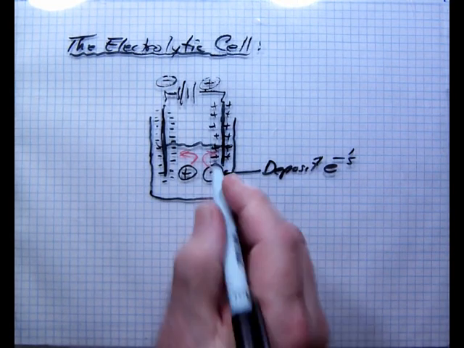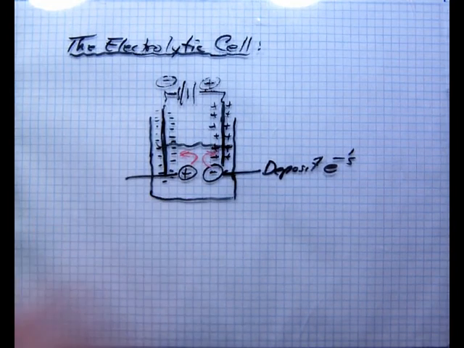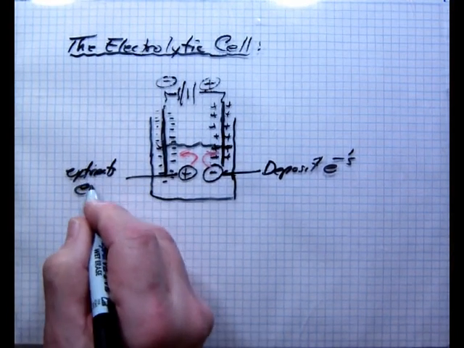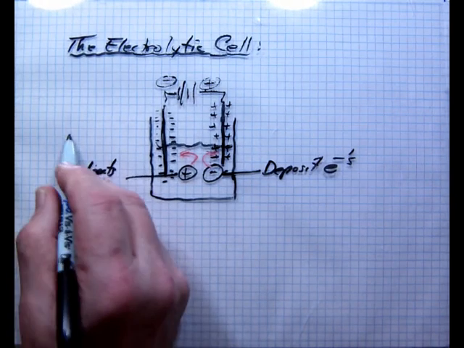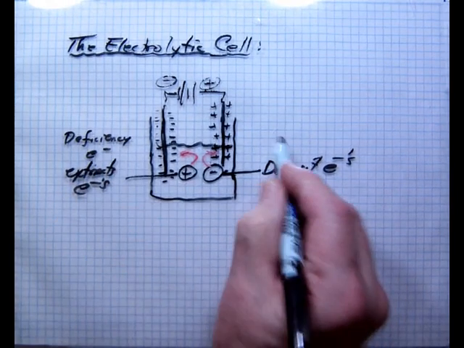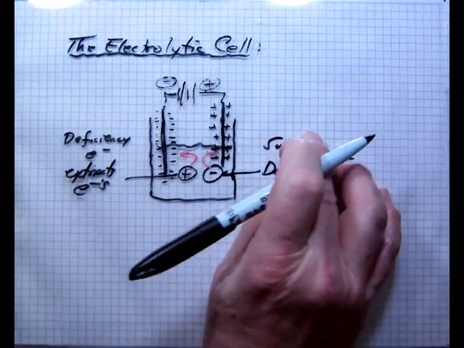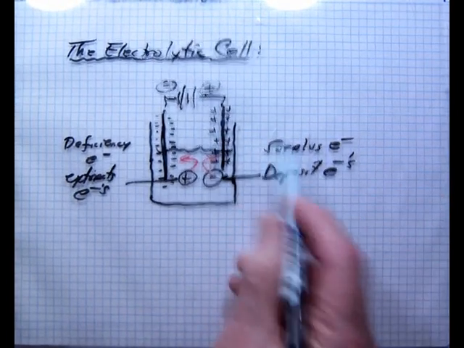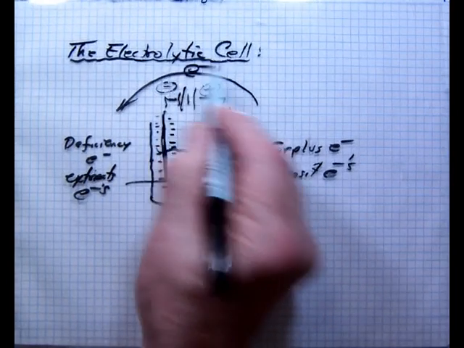Okay? And so this one goes over here and extracts electrons. Like that. So we have a deficiency of electrons over here. And we have a surplus of electrons over here. So if we got a surplus of electrons, then you'll have an electron flow.